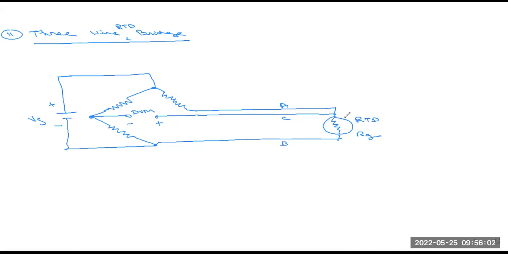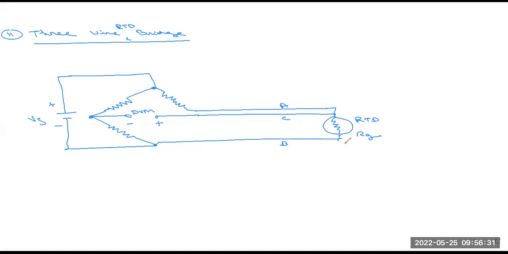Here the RTD value is measured by using the bridge circuit, by supplying a constant electric current to the bridge circuit, and measuring the resulting voltage drop across these resistors. Then the RTD resistance is calculated, and the temperature can also be determined by converting the RTD resistance.